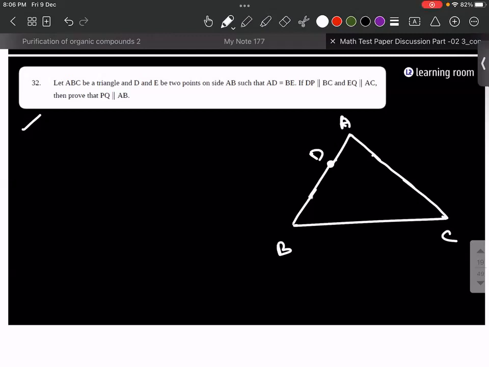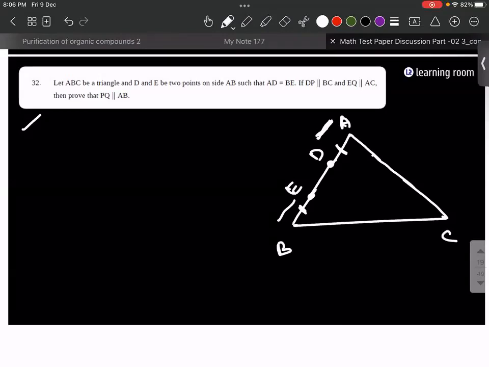These are not necessarily the points of trisection, we don't know what AD is. So AD is equal to BE, this length and this length are the same.